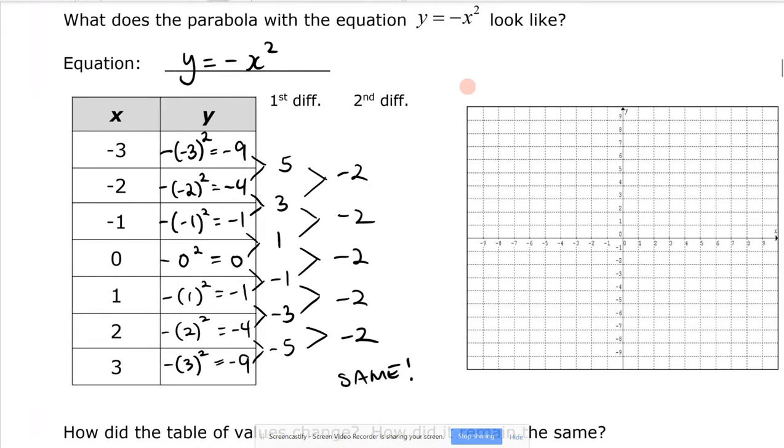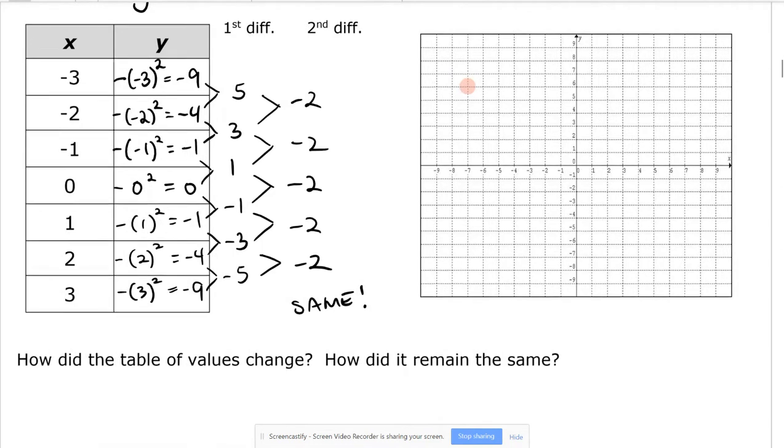Okay, and now if I graph this, it would look something like this. It's similar to the first graph, except the y values are now negative. See if I can draw that better.